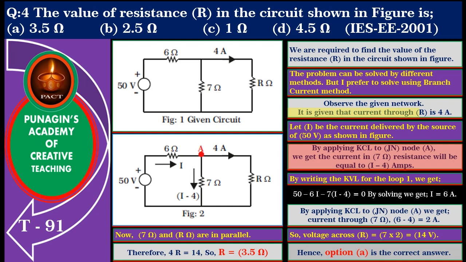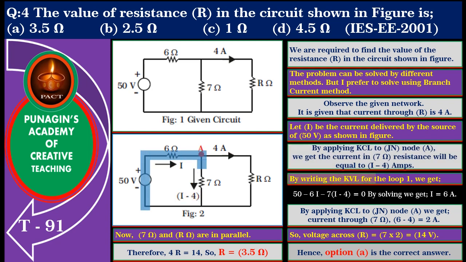It is given that the current through R is 4 amperes. Let I be the current delivered by the source of 50 volts as shown in figure. By applying Kirchhoff's current law to junction node A, we get the current in 7 ohm resistance will be equal to I minus 4 amperes.